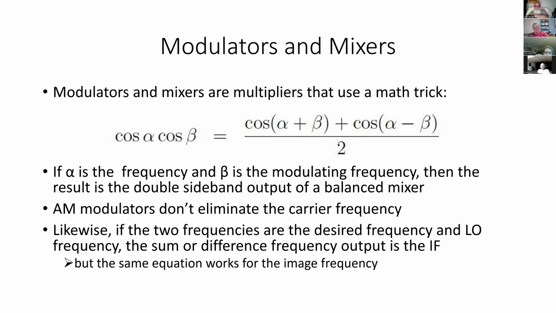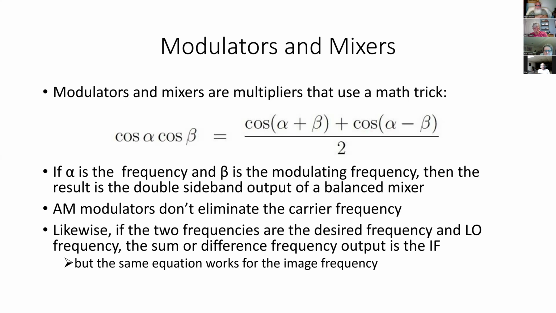two products. One is the cosine of the two frequencies added together, and the other is the cosine of the difference of the two frequencies. And if you're just doing a math identity, the size of each of those two components is half of the strength of the input on the left-hand side of the equation.